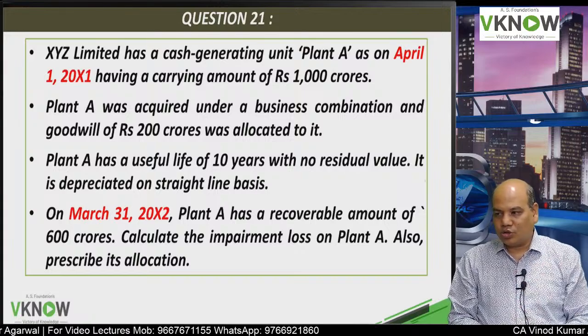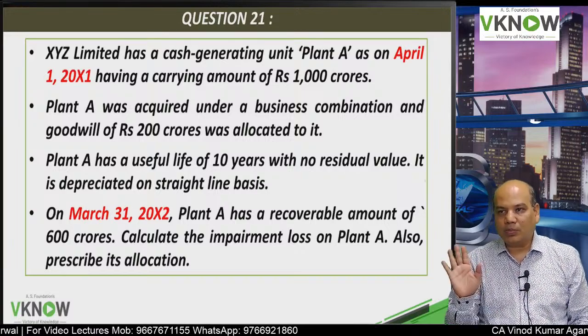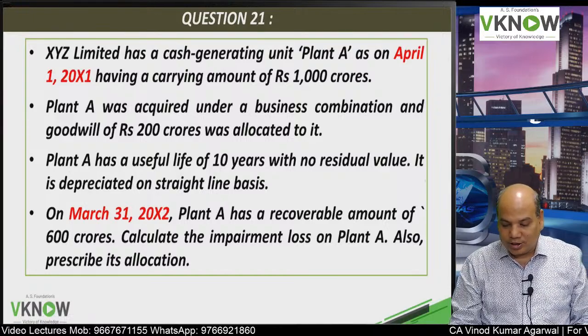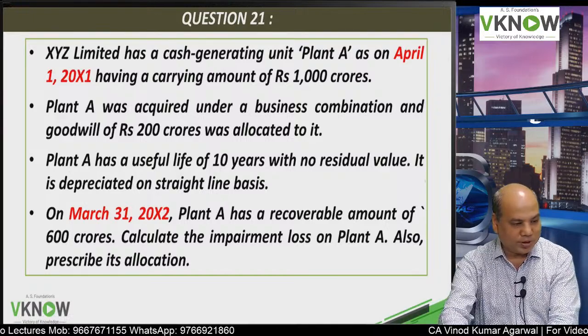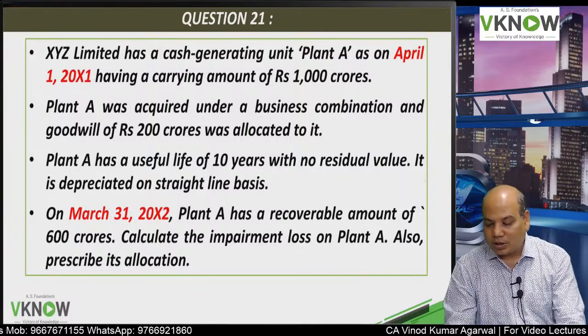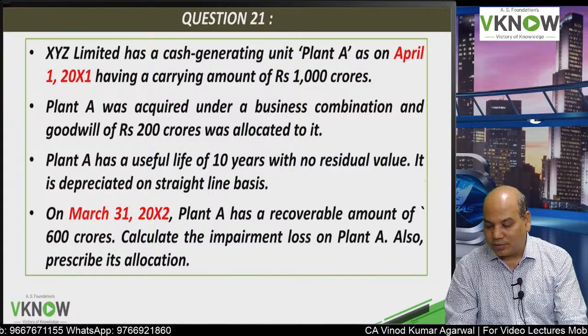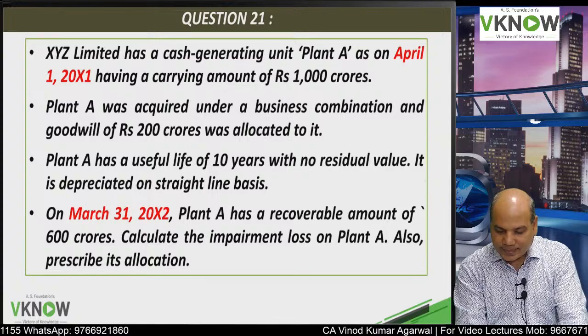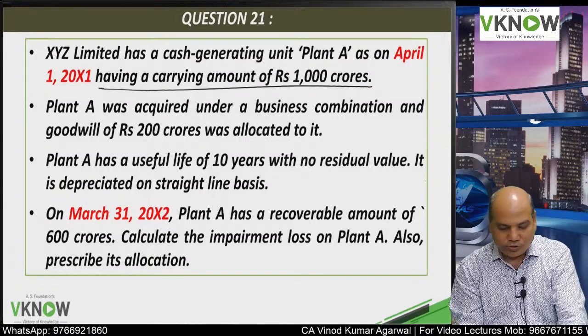So I am taking an actual question, and calculating using the actual question to explain it to you. XYZ Limited has a cash generating unit, plant A, as on 1st April 2001, having a carrying amount of 1000 crore.